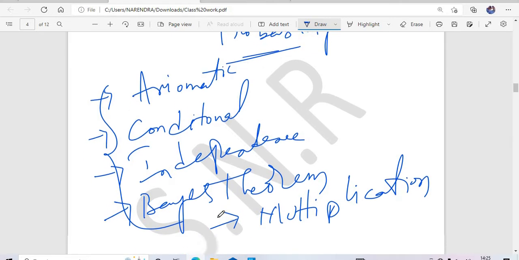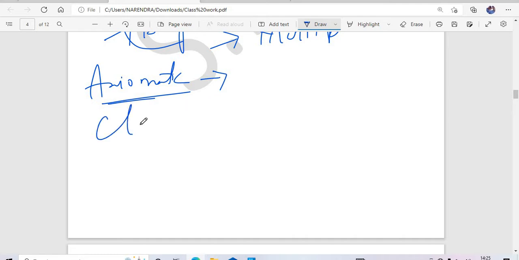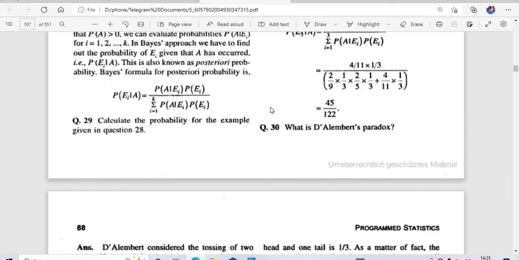Coming to the axiomatic definitions. Mainly we can define probability in three ways: the axiomatic definition, the classical definition, and one more definition.